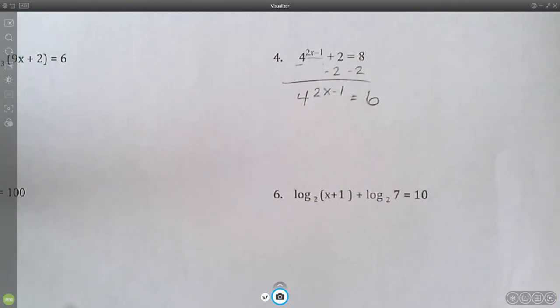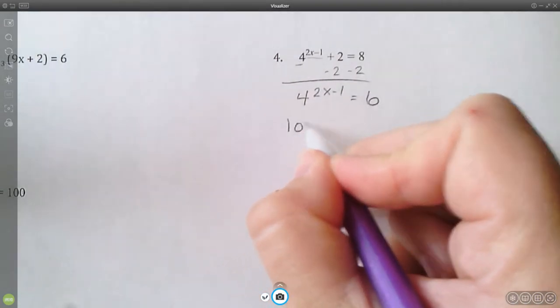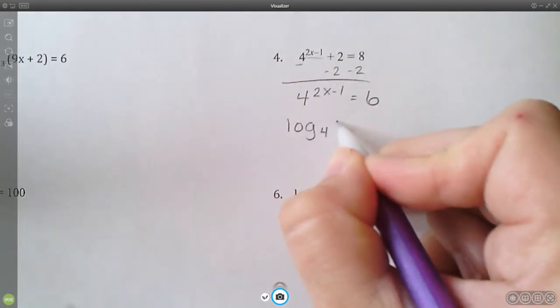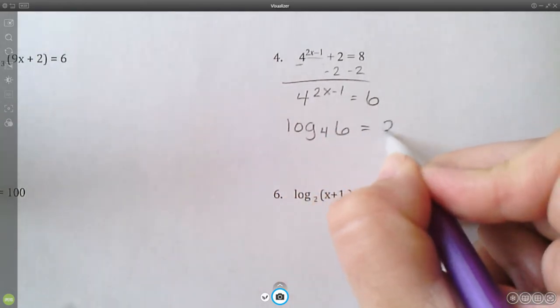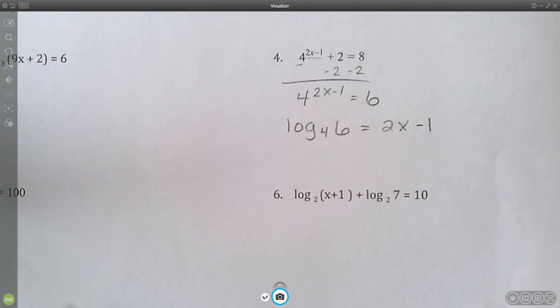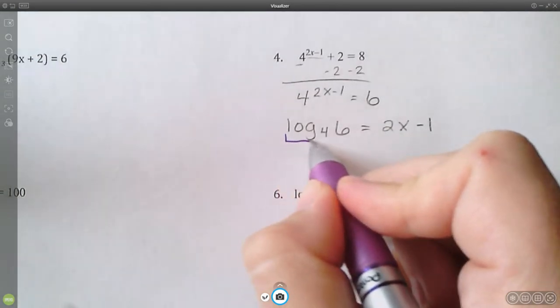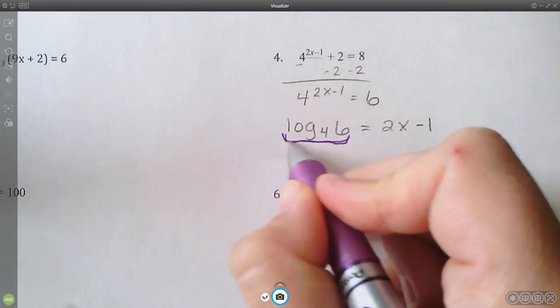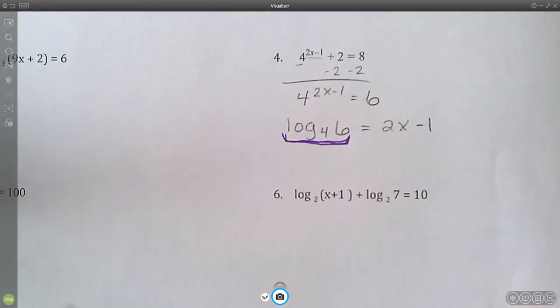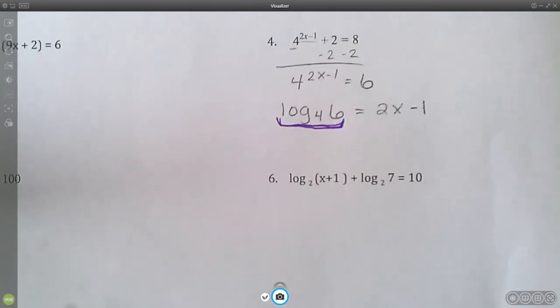Okay, so we need to write this in log form. So we are going to do log base 4 of 6 equals 2x minus 1. Okay, so now do not forget, you have to put this into your calculator to get out some number before we finish solving. So give me 30 seconds.